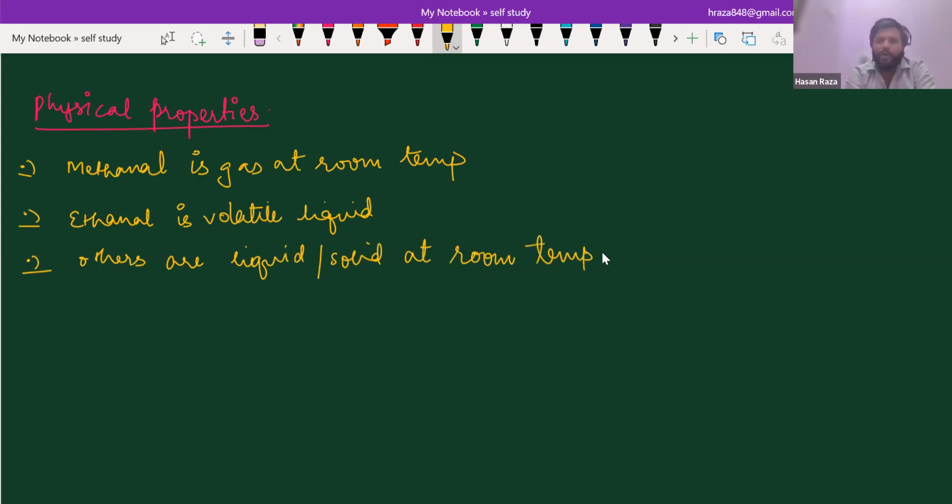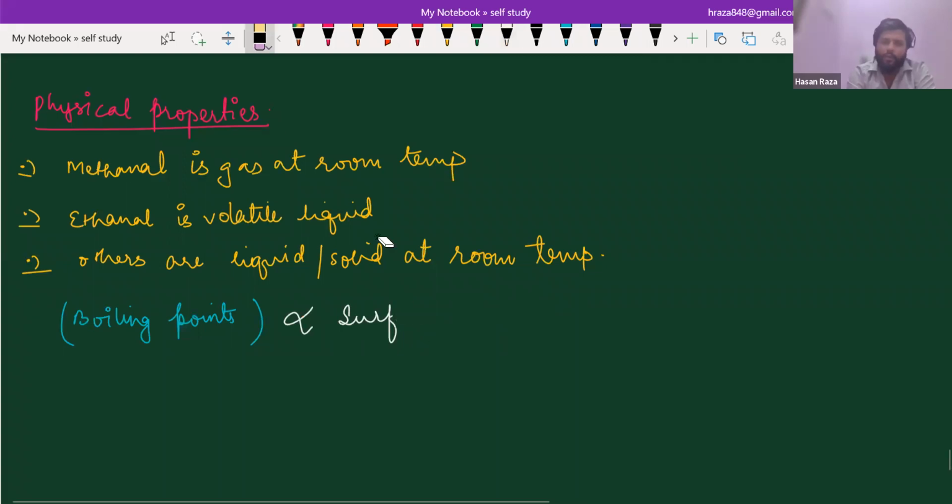There is one important question that has been asked from this physical property, that is: arrange the following in increasing or decreasing order of boiling points. And always remember that the boiling point is directly proportional to molecular weight.